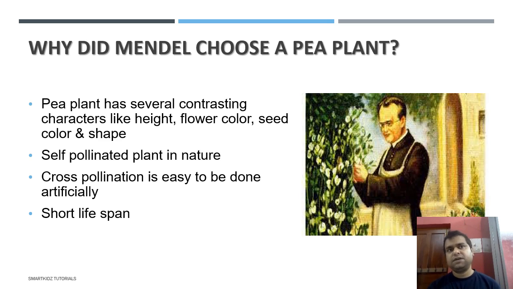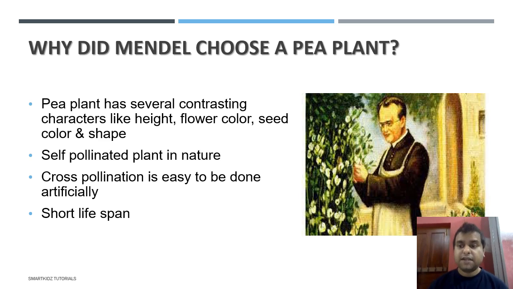We may just learn about the first generation and maximum second generation in this chapter, but he carried out experiments with multiple generations, and the only thing that helped him was the short lifespan, which allowed faster reproduction, meaning more offspring were produced.